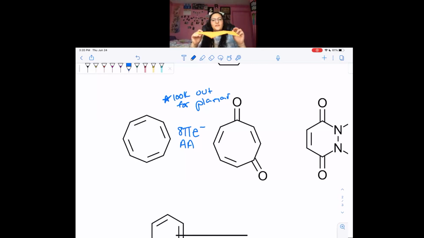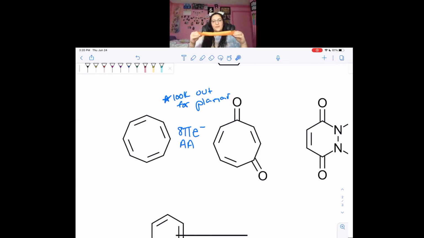If staying flat will make it aromatic, it will choose to stay flat, because being aromatic makes up for the ring strain. If staying flat is going to make it anti-aromatic, it bends, because it doesn't want to be extra sucky. So in this case, if it stays flat, it will be extra sucky.